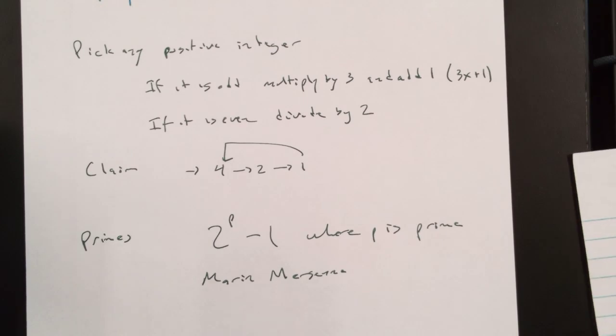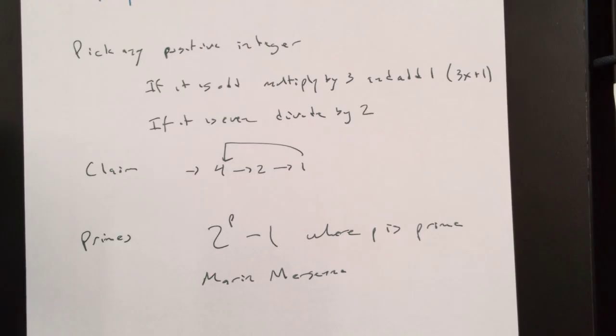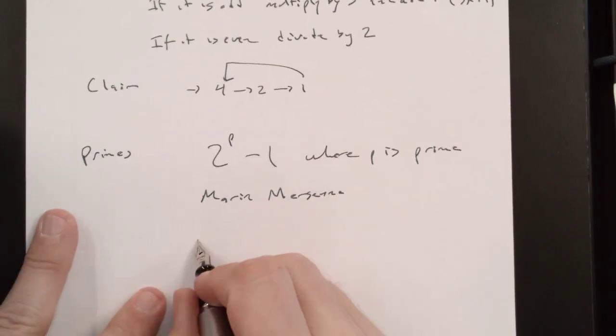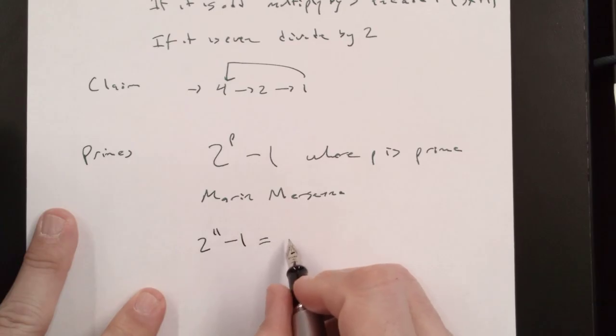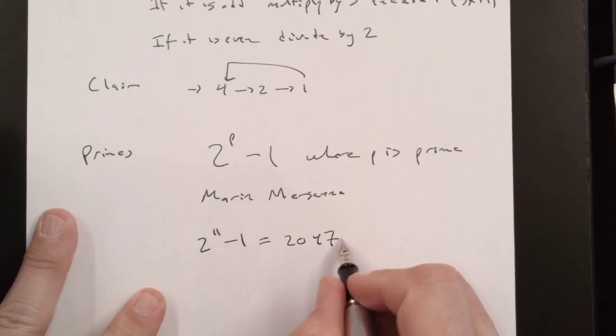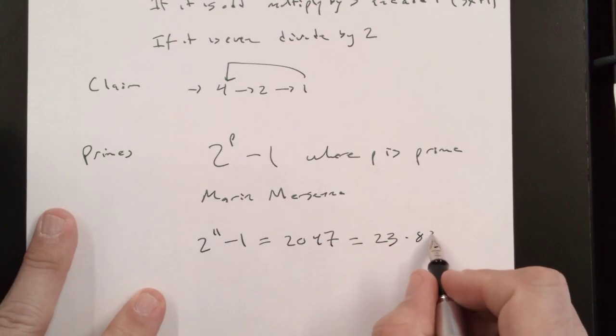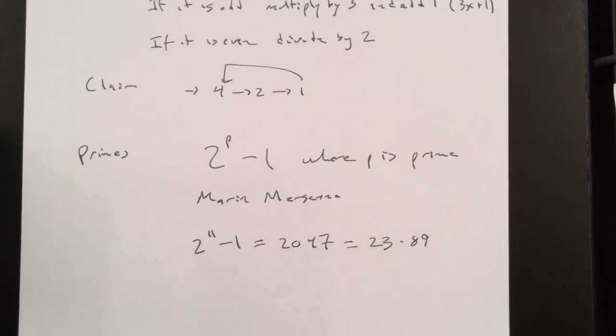So, unfortunately for Mersenne, it turns out that 2 to the 11th minus 1 is 2047, which happens to be 23 times 89. So Mersenne was wrong. But finding this counterexample took quite a while, because Mersenne did this, by the way, in the 1600s.